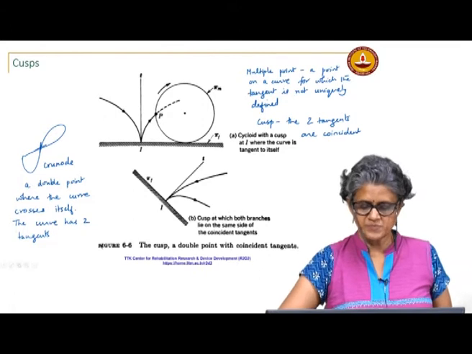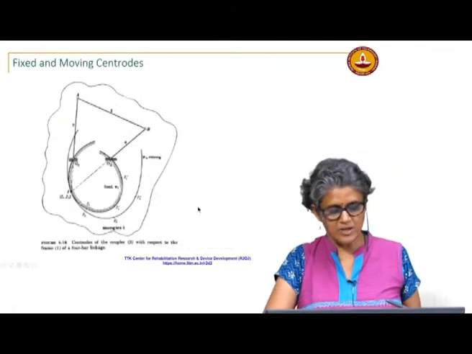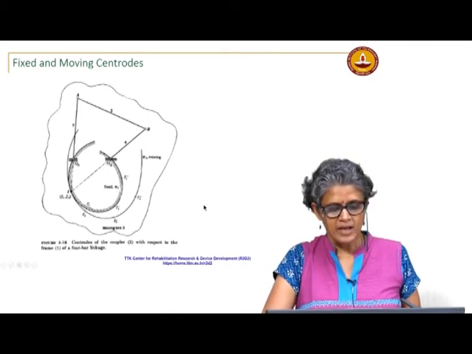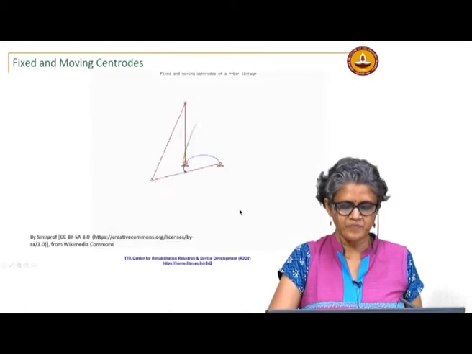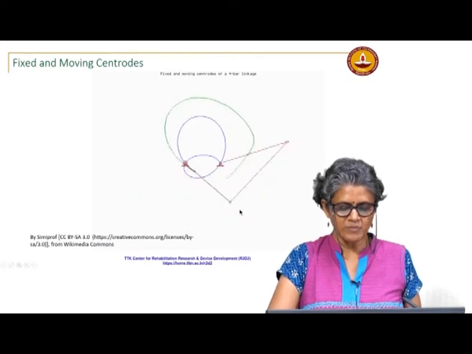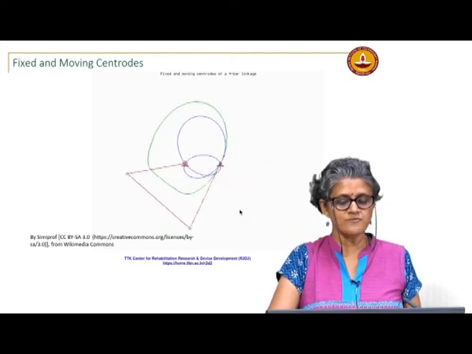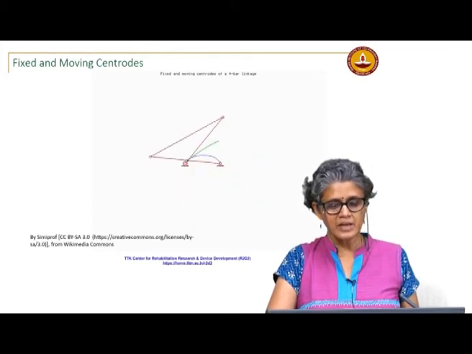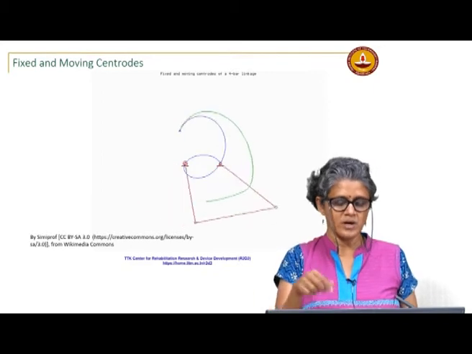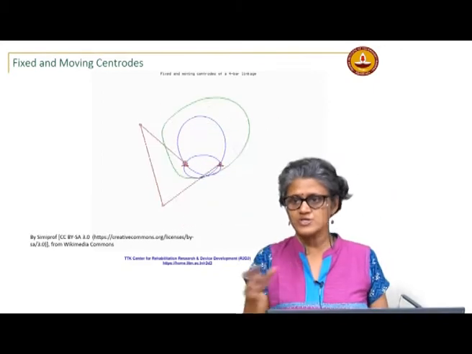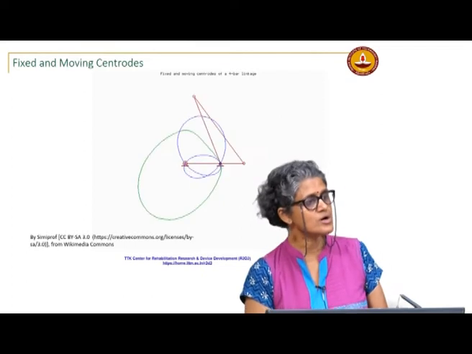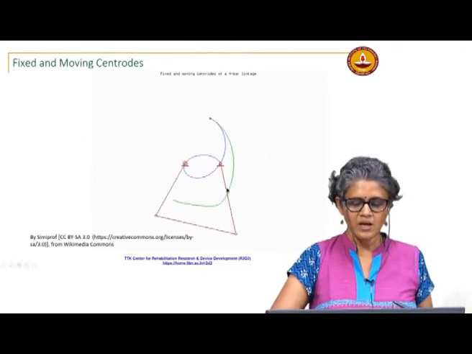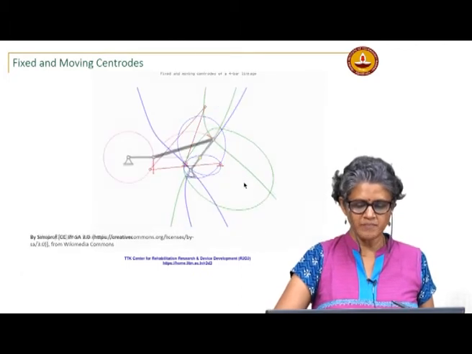We looked at the concept of fixed and moving centroids in the last class, and you saw that the motion of the coupler relative to the fixed link can be replicated by the same motion as the moving centroid rolling on the fixed centroid, and a cusp is formed.